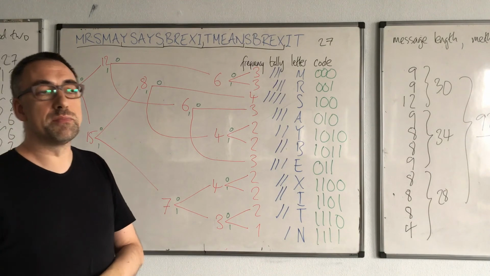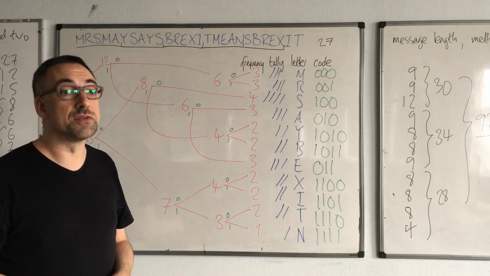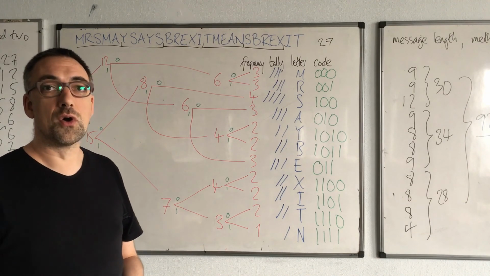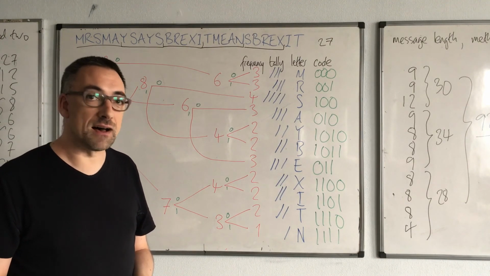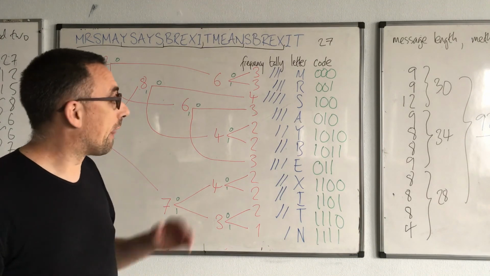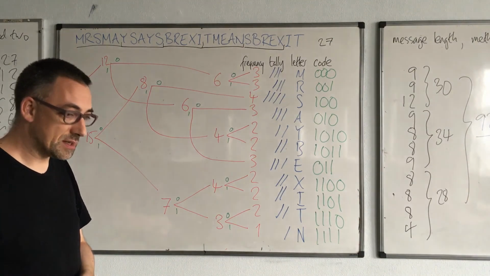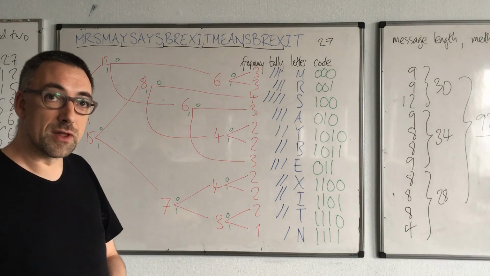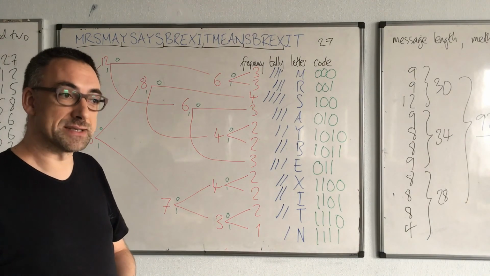So it's not important exactly that more common letters have shorter codes. What's important is that more common letters do not have longer codes, and that's perfectly fine as far as this is concerned.